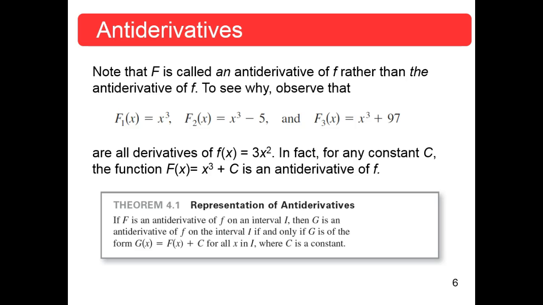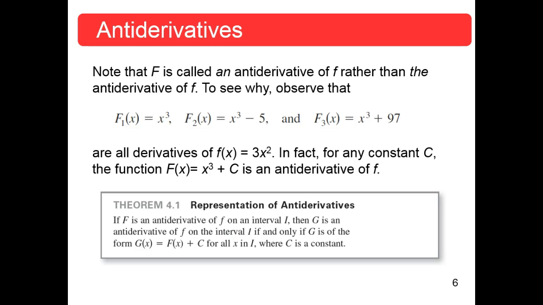Oh, how about this one? f3 is x cubed plus 97. What's this? 3x squared. They all have the same derivative, so therefore all of those are antiderivatives of 3x squared. So that's why we have to say an antiderivative rather than the antiderivative, because there's more than one.